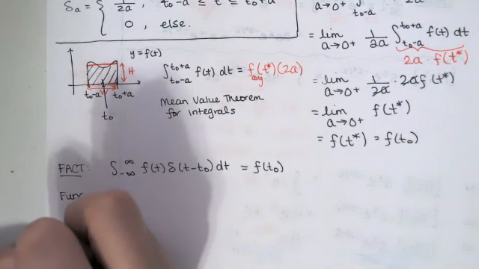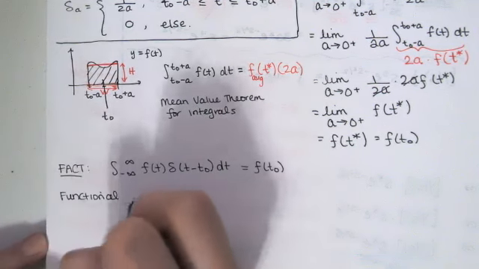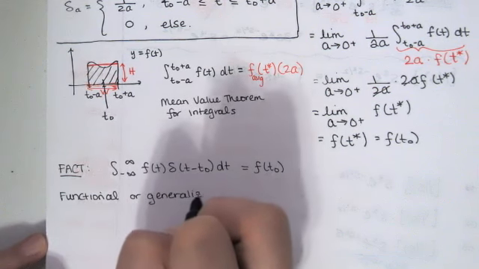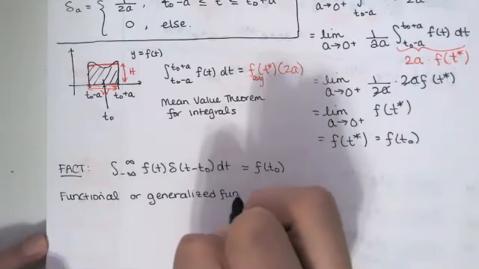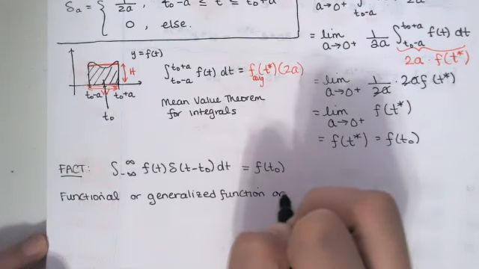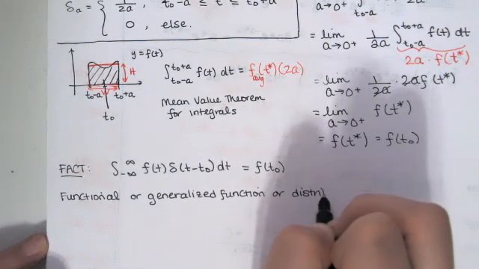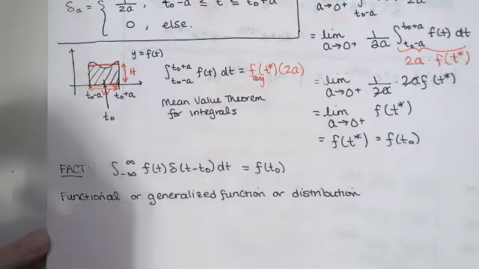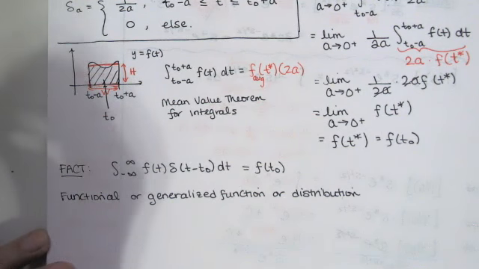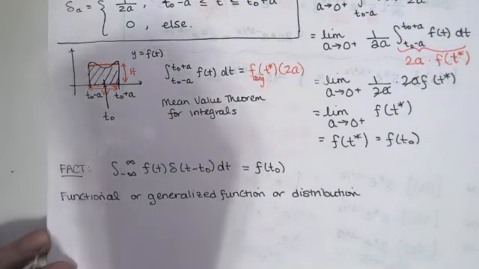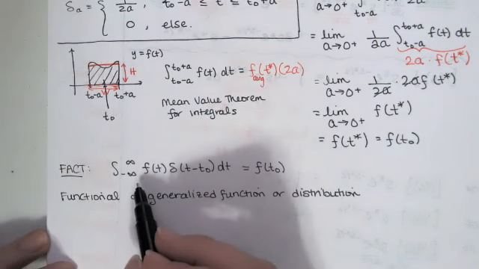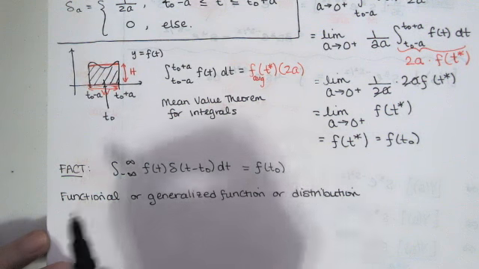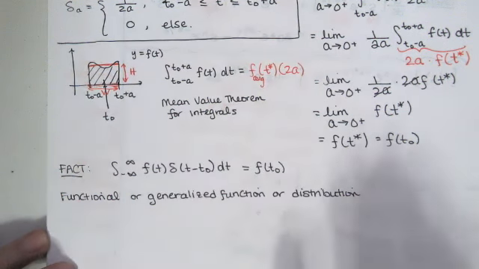Again, this Dirac delta is called a functional or a generalized function or a distribution. It's kind of like a function, but it's a little different. It acts on a different function, and when it acts on this function, it doesn't give you another function back like our operators and transforms do.